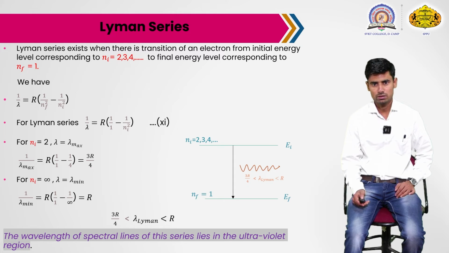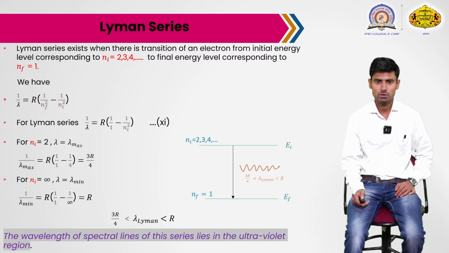Now we have to find the series limit for the Lyman series. To find the series limit, we have to find the minimum and maximum wavelength for this series. To find the maximum wavelength, we have to select Ni equals 2, because for that transition the energy will be minimum and the wavelength will be maximum.